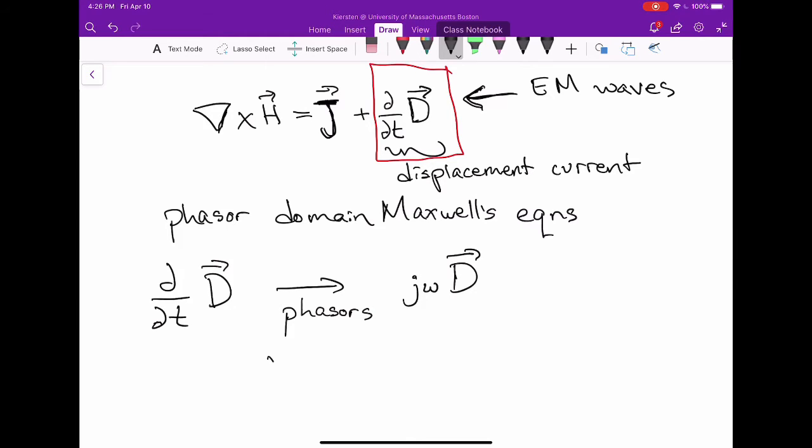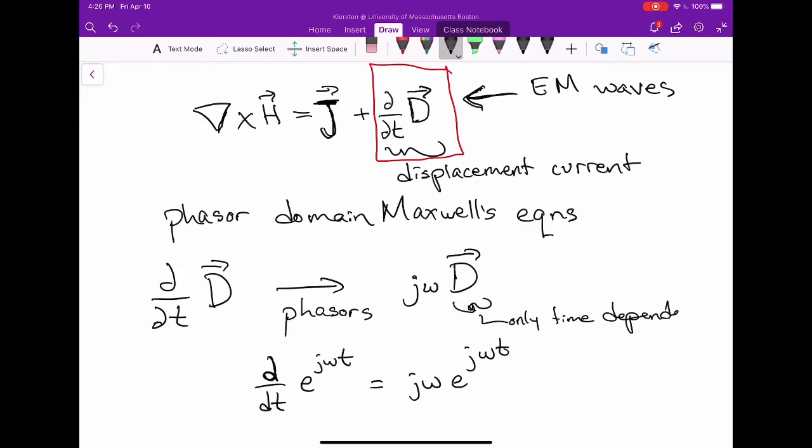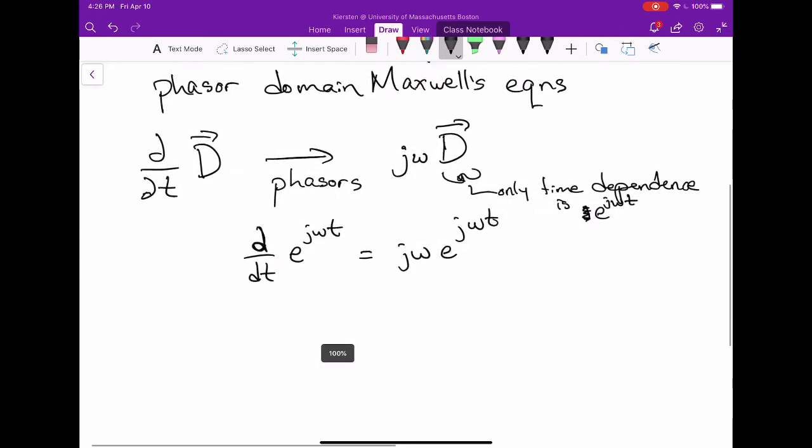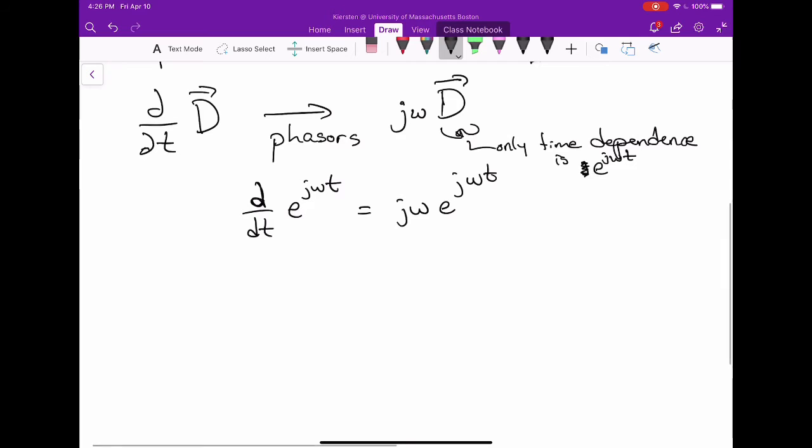That is because the time derivative of e to the j omega t is j omega e to the j omega t, and none of the other components of this expression have any time dependence. So with that in mind, let's write down Maxwell's equations.